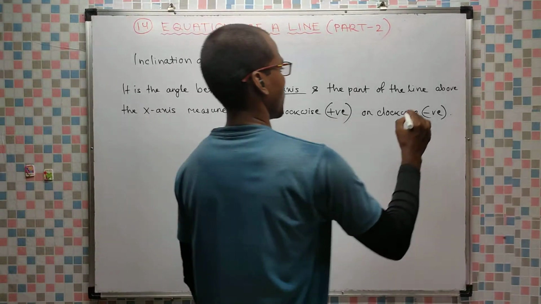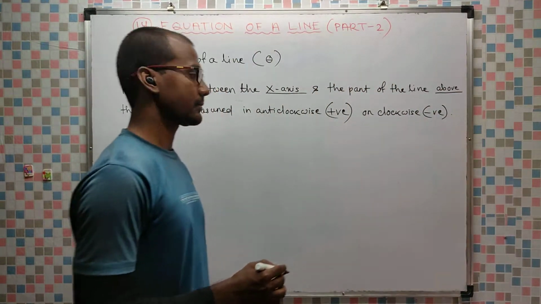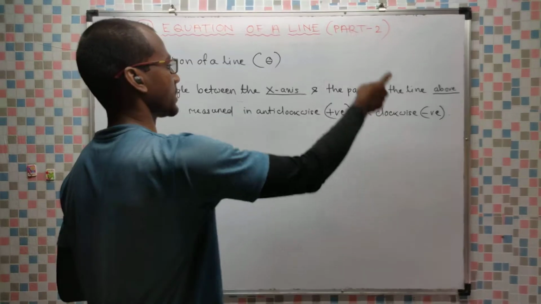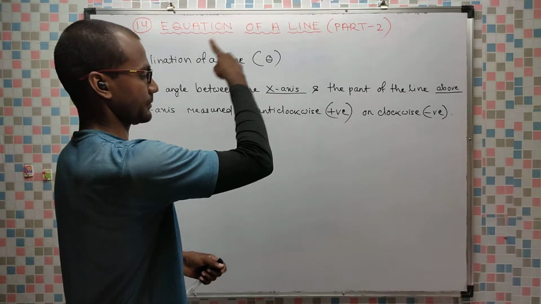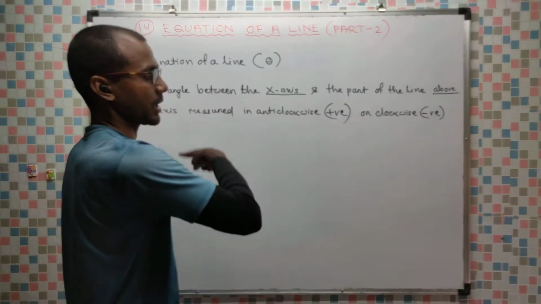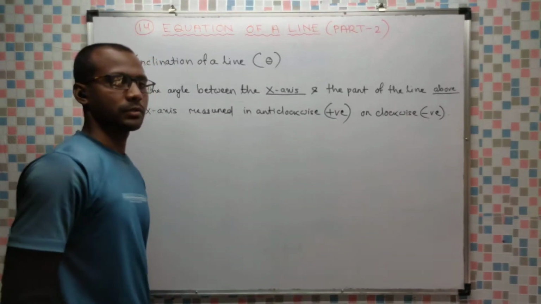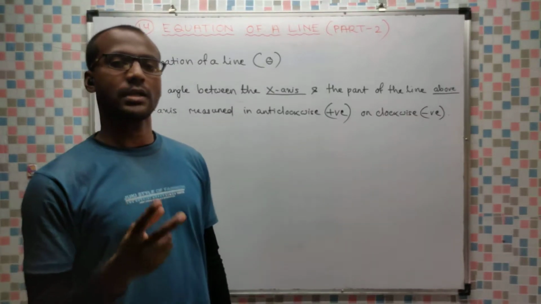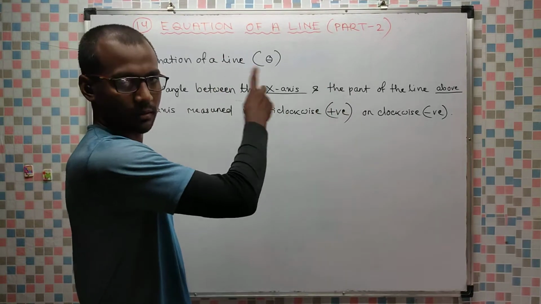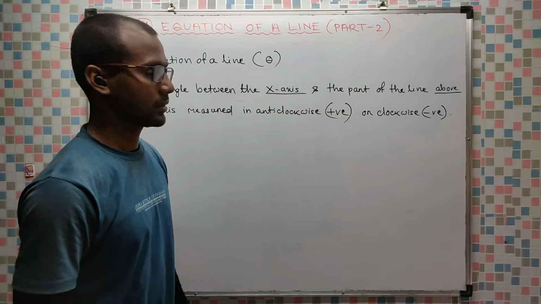Remember this, above the x-axis. And it is measured in anti-clockwise direction. Anti-clockwise means this direction. It is taken positive. And clockwise means this direction. This is taken as negative. So we can measure the angle of inclination of a line in two ways. Anti-clockwise direction positive, clockwise direction negative.